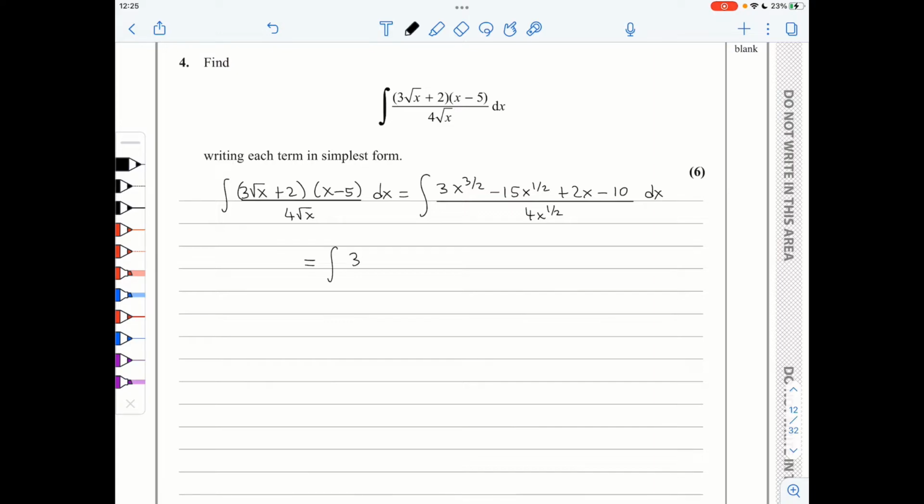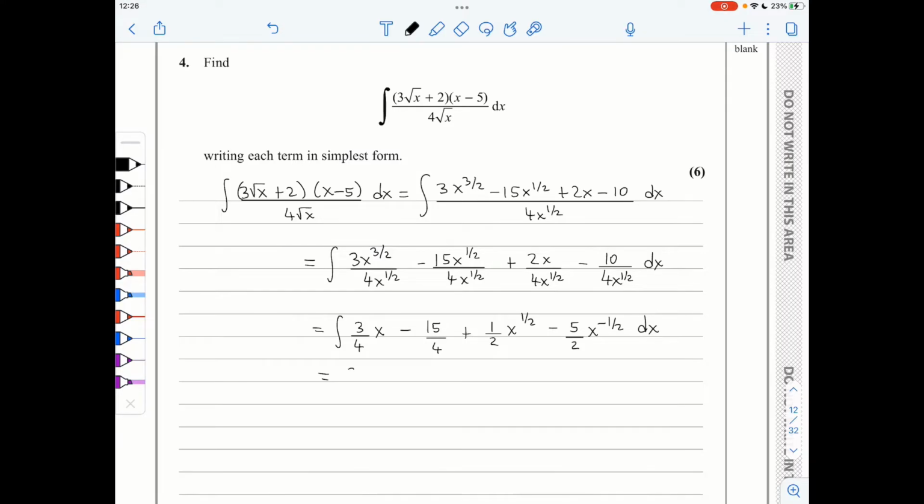So it's going to be the integral of 3x to the 3 over 2 over 4x to the half minus 15x to the half over 4x to the half plus 2x over 4x to the half minus 10 over 4x to the half dx, which means I'm looking at 3 over 4 x minus 15 over 4 plus a half x to the half minus 5 over 2 x to the minus a half dx. And we are now ready to integrate.